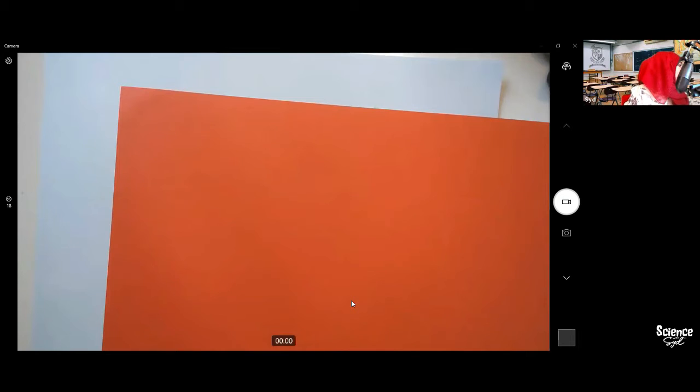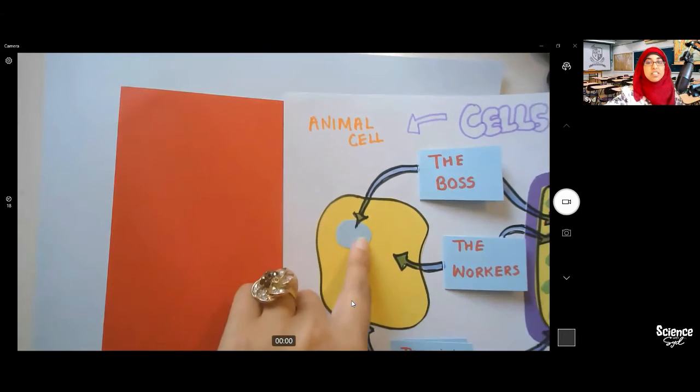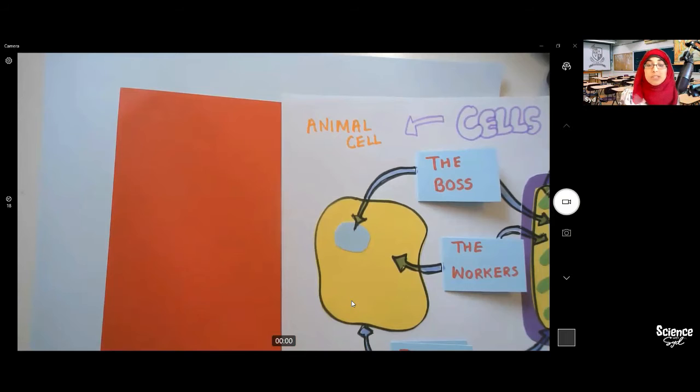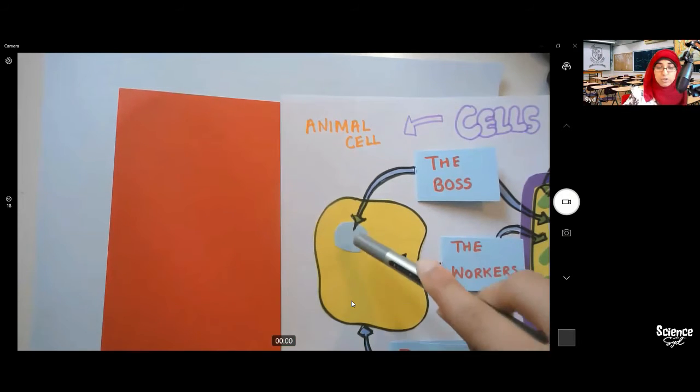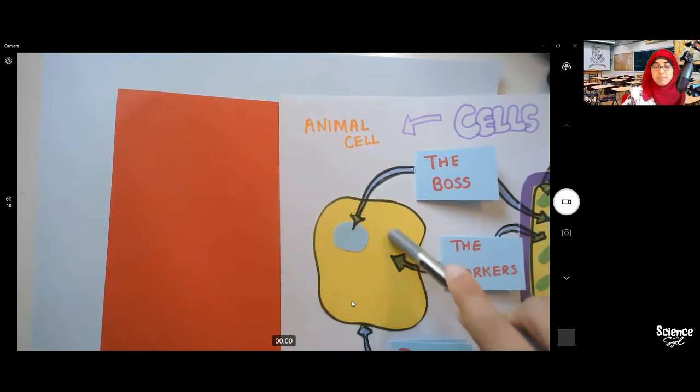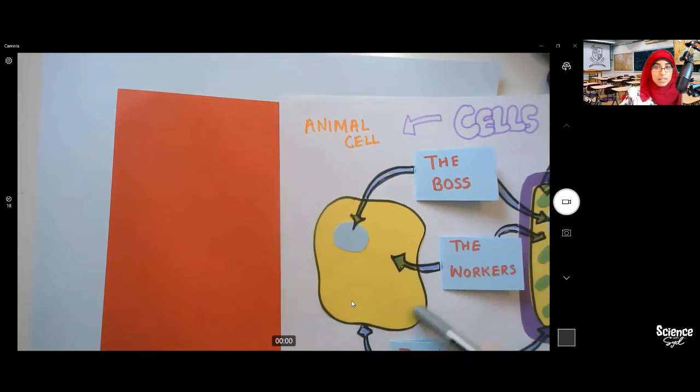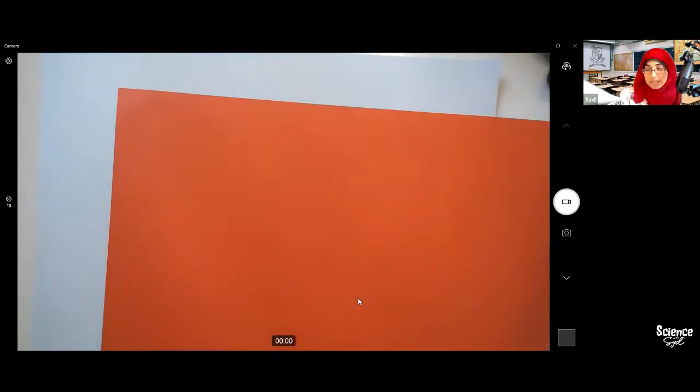Now, as we draw this, you'll realize what the similarities are and what the differences are between this and a typical animal cell. Remember, animal cells are the cells that we find in humans as well, humans and animals. So we typically expect a nucleus, a cytoplasm, and a cell membrane. Now we're going to see which of these exists in a blood cell.